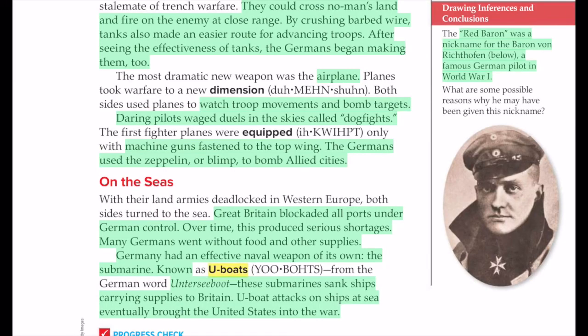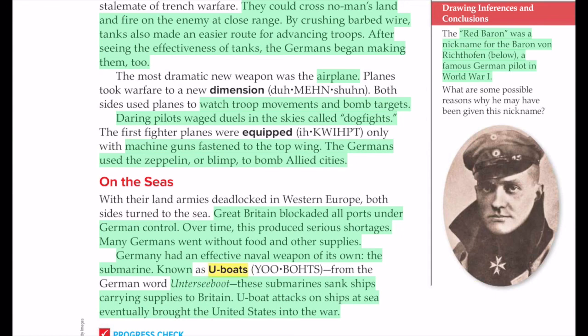The U-boats were very effective because remember, besides fighting on land, in every battle we talked about how they do a lot of blockading, and how wars at sea are really important. The Germans were very hurt by the blockade that the British Navy put in, and they had a lot of shortages.